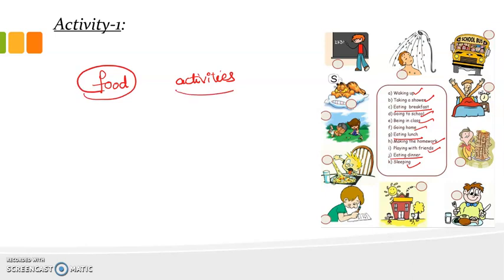Here you know the definition of food and what is the use of food. To give energy. So for doing activities, what do we require? That energy only. The energy we got from food can be used in the performing of activities. So this is the relation between food and activities.